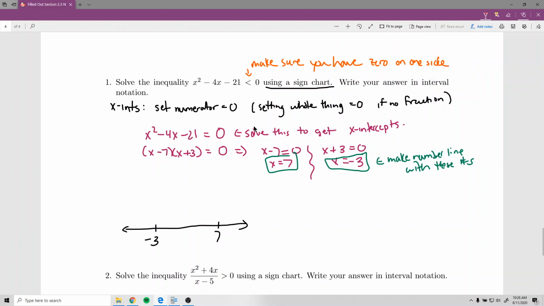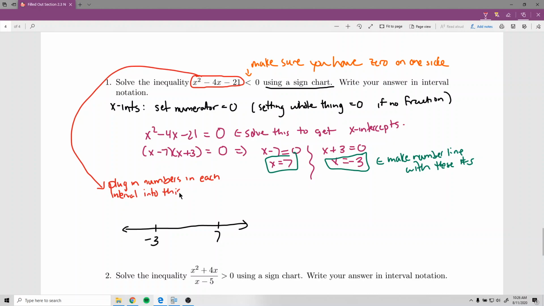And now the idea of the sign chart is you take your original thing, we want to plug in numbers in each interval into this x squared minus 4x minus 21 and record the sign, whether it's positive or negative.